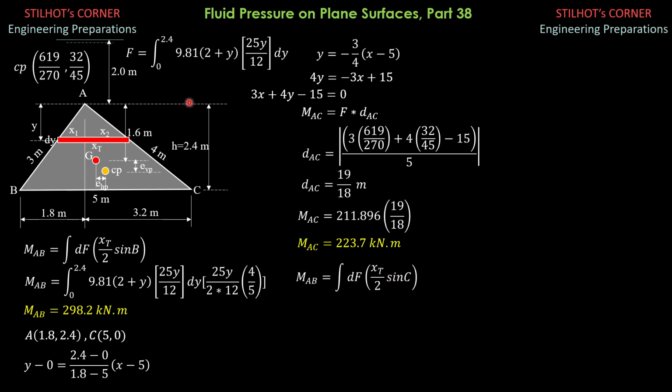So copy this differential f, then we'll have one half. This is xt. We copy also this. Then sine of angle C, which is 3 over 5.